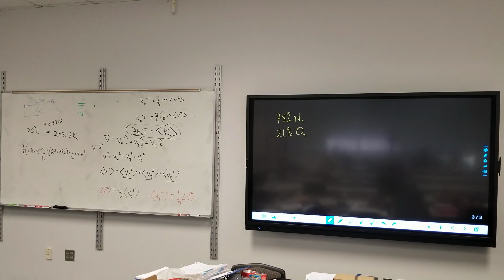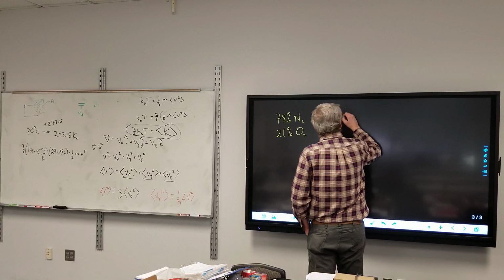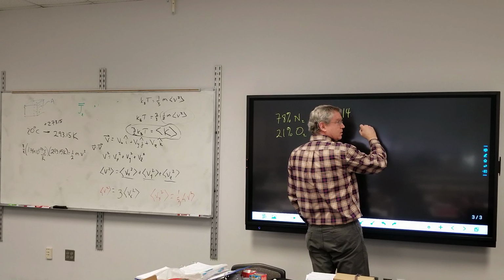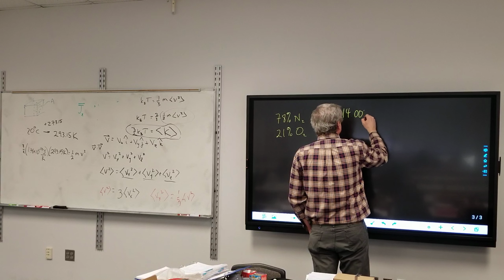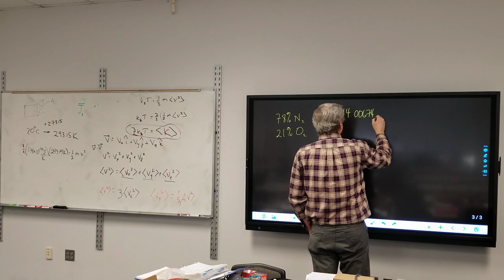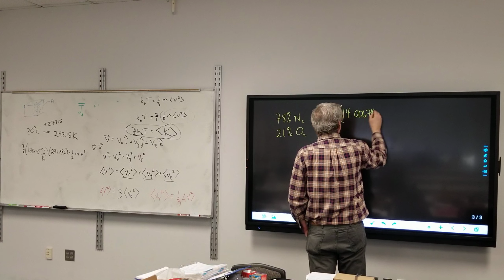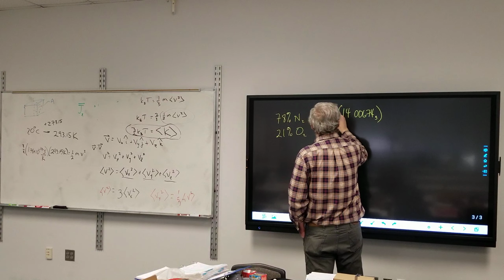That is the number of grams in 1 mole of nitrogen. So 14.00674 grams per mole, and that's 0.78.